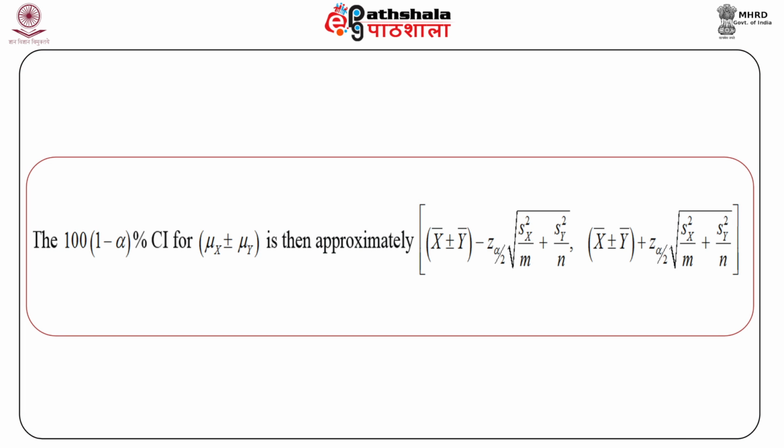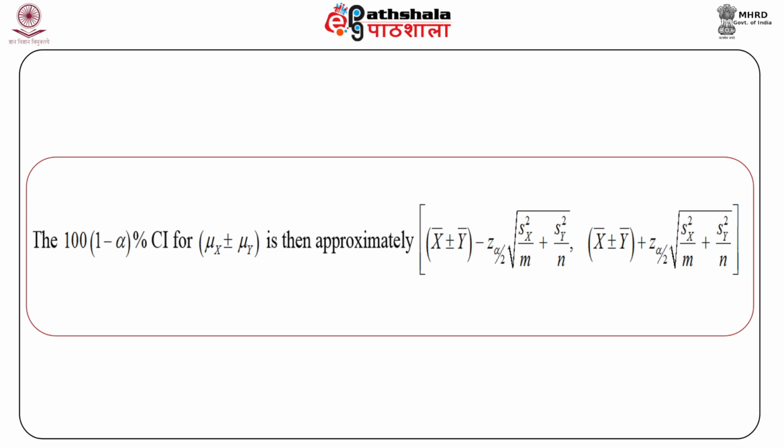The 100 times 1 minus alpha percent confidence interval for mu x minus mu y is obtained as, in brackets, x bar minus y bar minus z alpha by 2 times the square root of sigma square x by m plus sigma square y by n, comma, x bar minus y bar plus z alpha by 2 times the square root of sigma square x by m plus sigma square y by n. So, our confidence interval has these two limits.